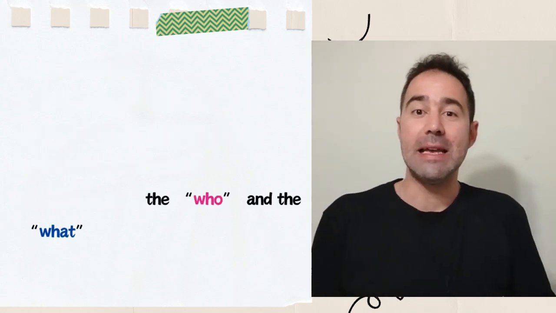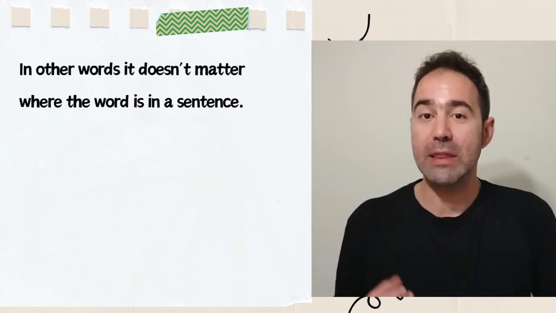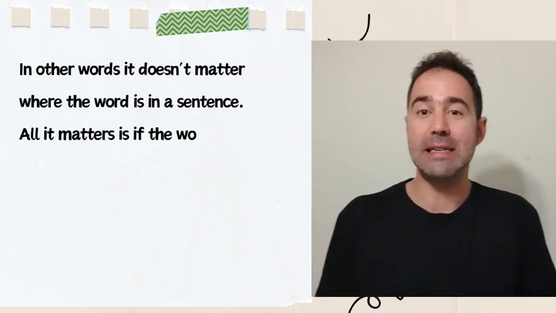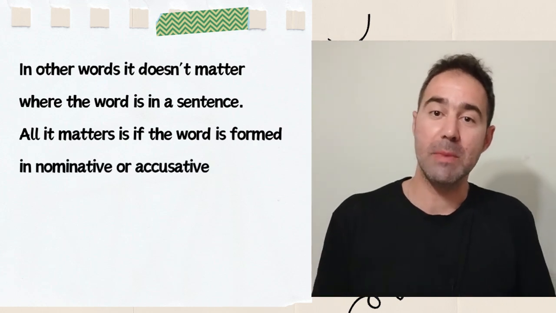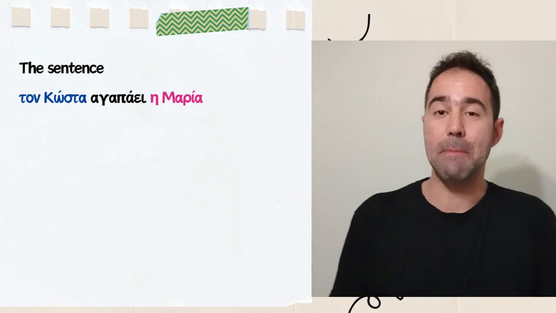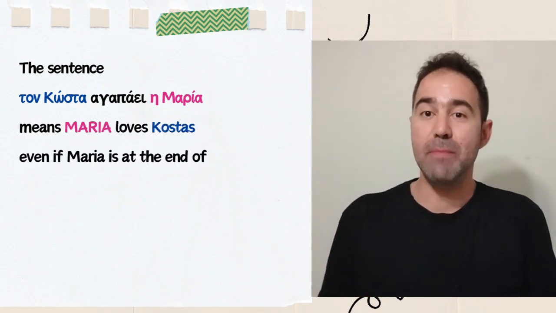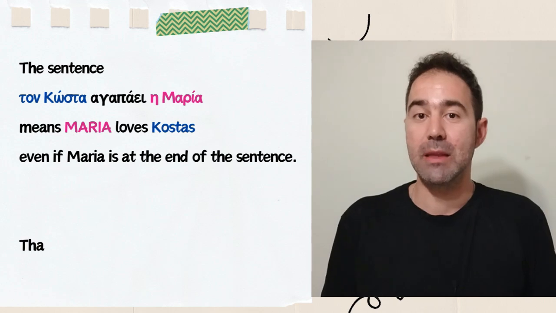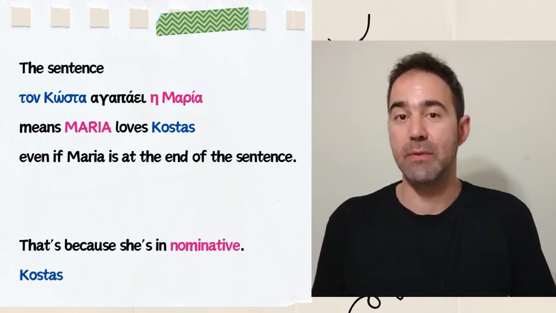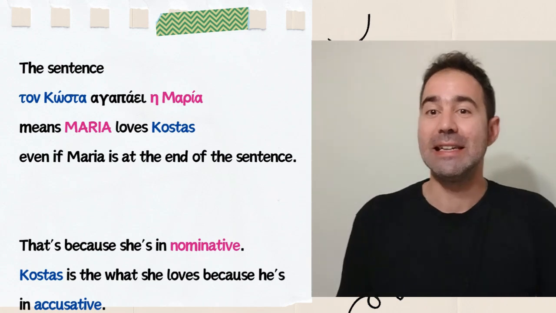In other words, it doesn't matter where the word is in a sentence. All that matters is if the word is in nominative or accusative. The sentence τον Κώστα αγαπάει η Μαρία means Maria loves Kostas even if Maria is at the end of the sentence. That's because she's in nominative. Kostas is the what she loves because he's in accusative.